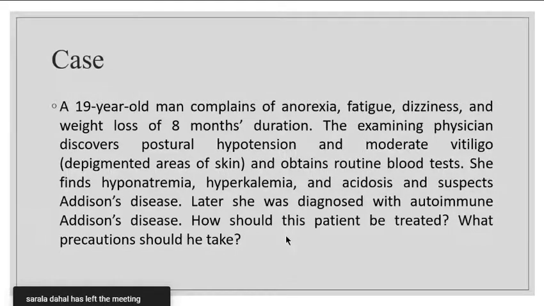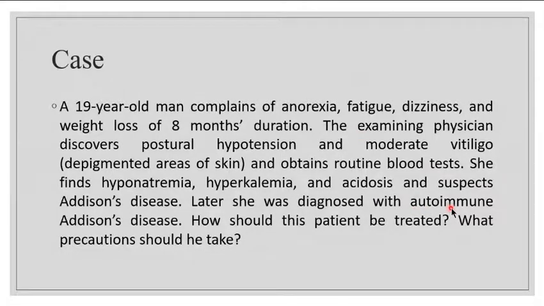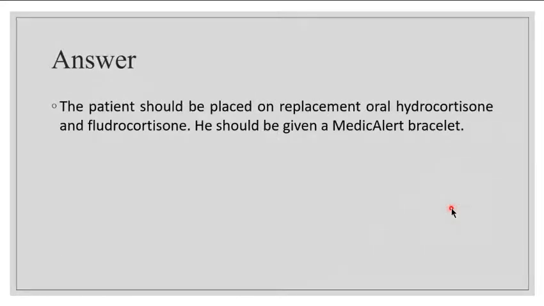Okay, basically from this, what we can find out is that Addison's disease is an autoimmune disease. The patient who has Addison's disease is kept on corticosteroids, which have glucocorticoid activity as well as mineralocorticoid activity.